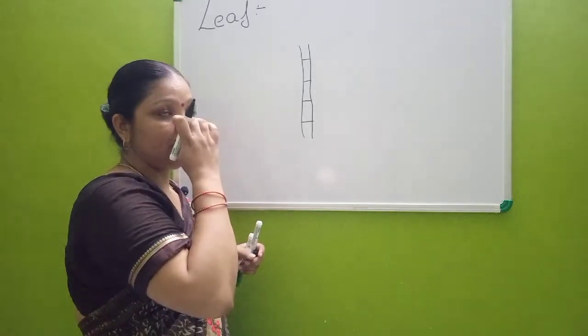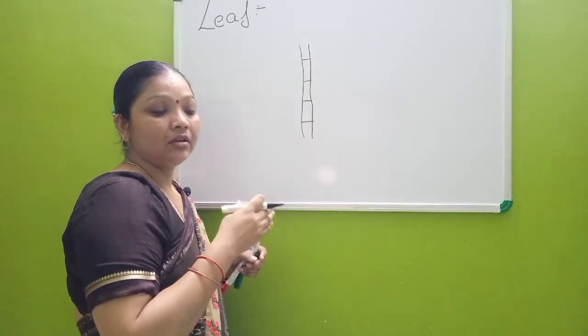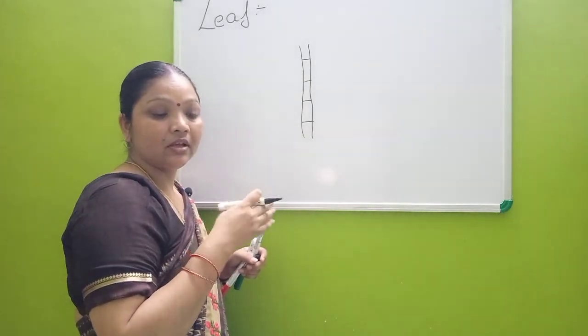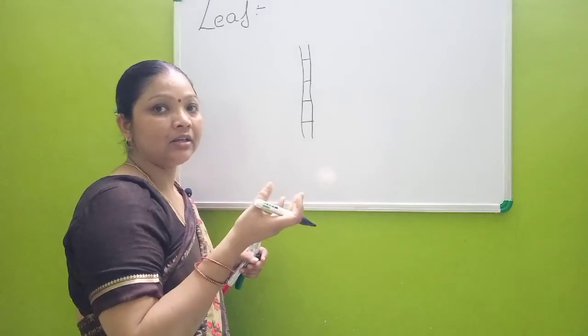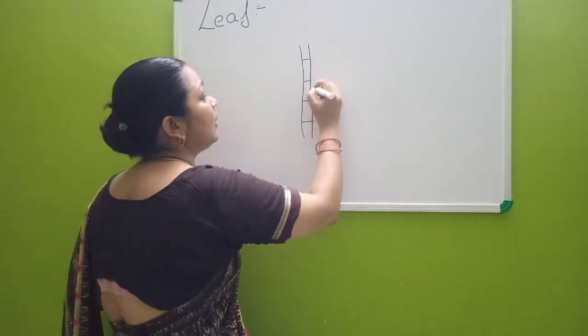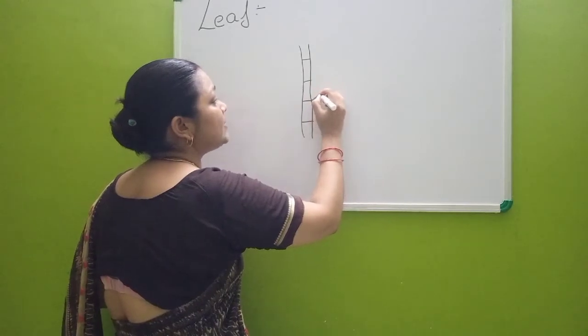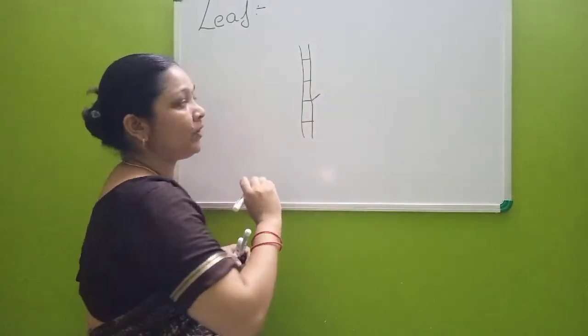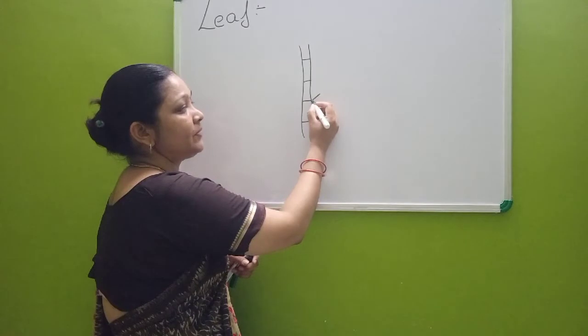Now let us look at the parts that a leaf contains. A leaf contains a basal part that is going to attach with the stem, this part.